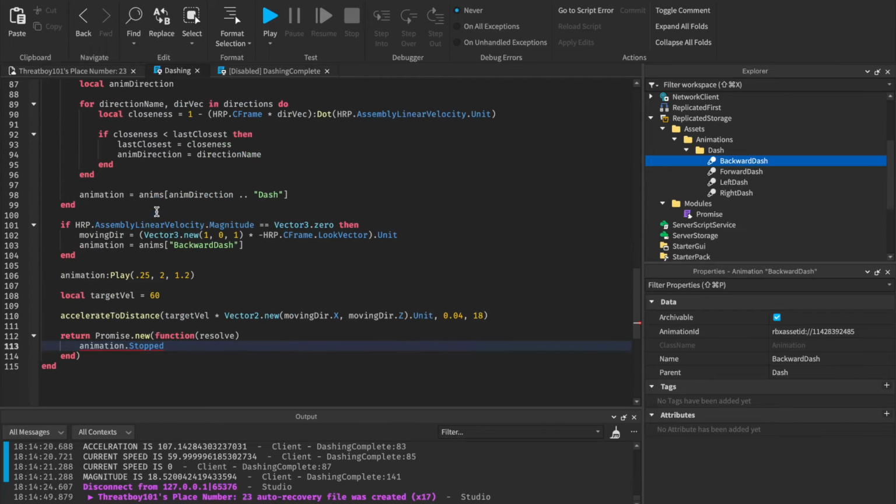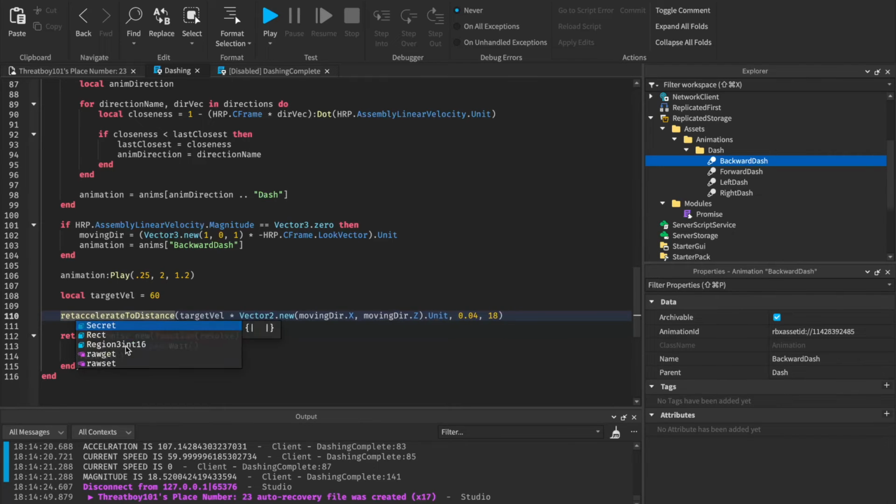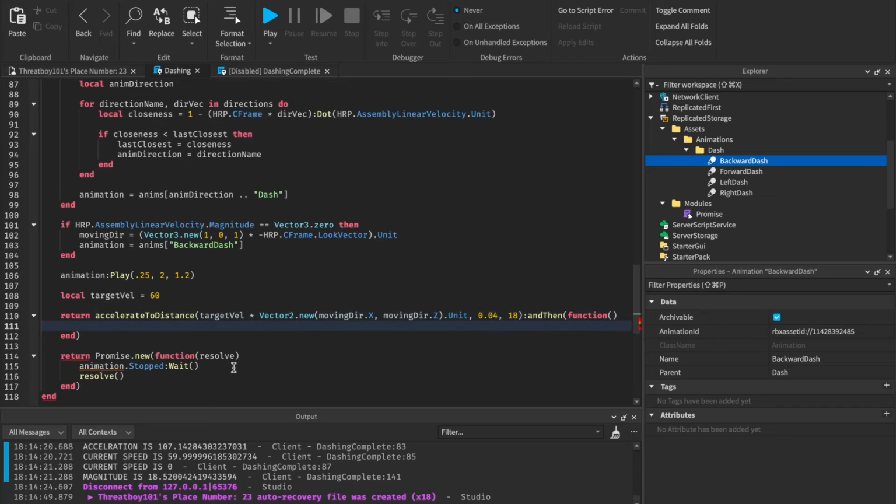So we will wait until the animation finishes playing, and that's when this dash will be considered completed. I guess it's maybe better to just do this, because you can chain these promises.